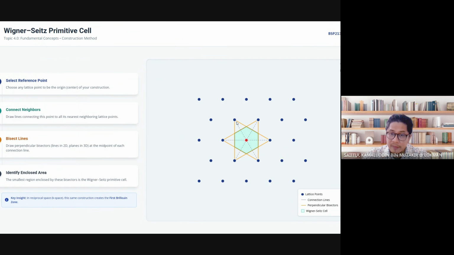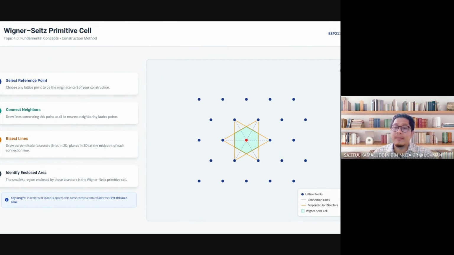So the first line over here, second line, the dotted line or the dashed lines. We have the lines connecting the first reference point to the neighboring points.